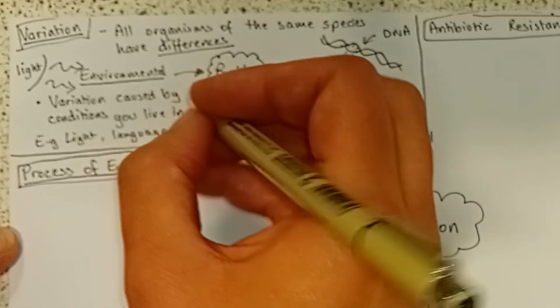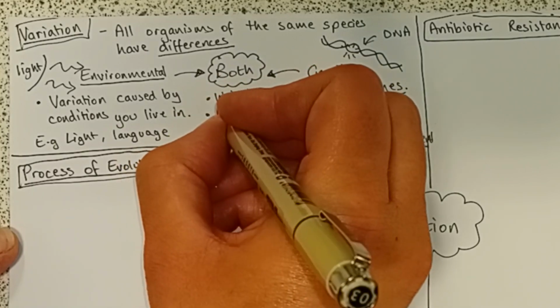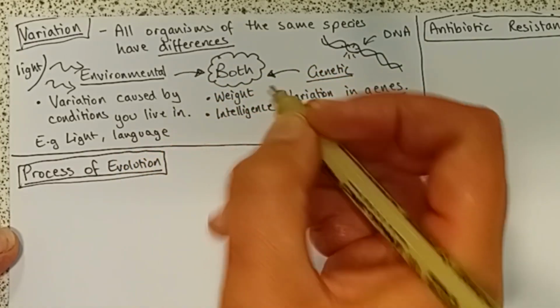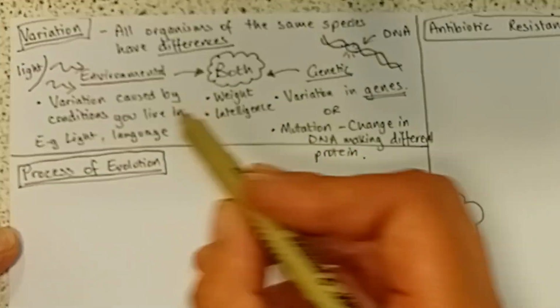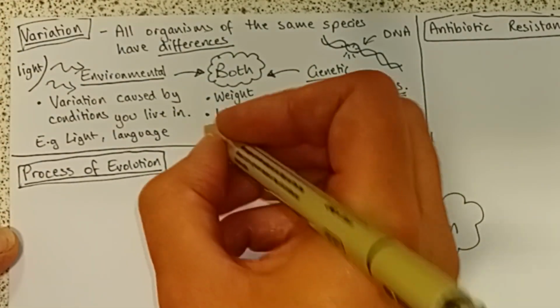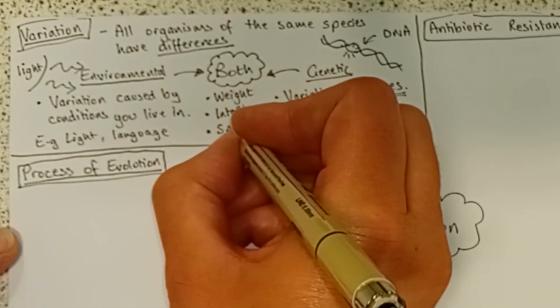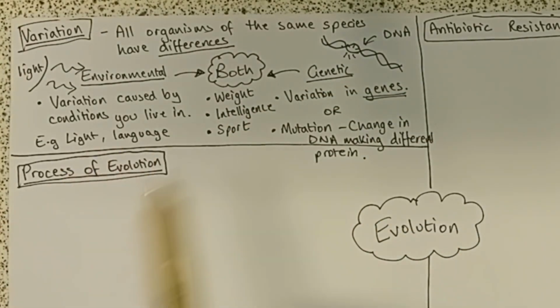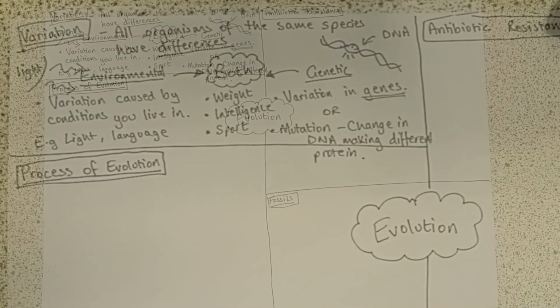So that influences it. Intelligence, however you want to measure it, will have both factors. Sporting ability will have both factors. So in reality, most variation is actually caused by both.